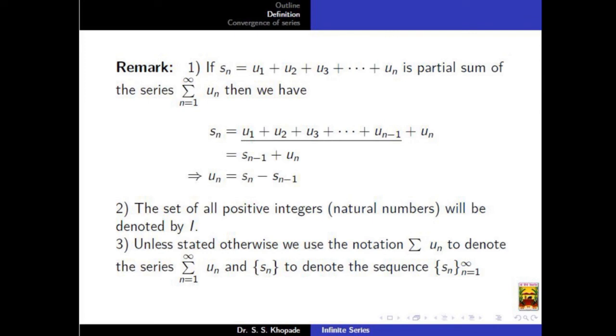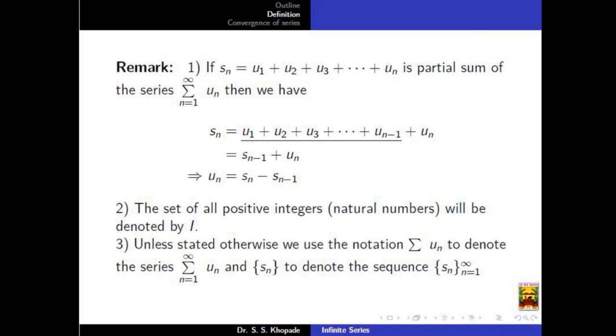Now onwards, the set of positive integers, or you may call them natural numbers, will be denoted by the symbol I, which is our traditional way to use in sequences also. Unless stated otherwise, we use the symbol summation un without any limit below or above.